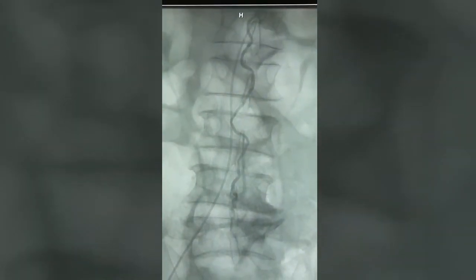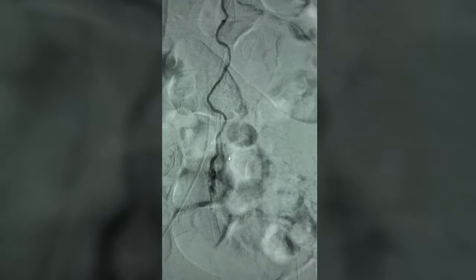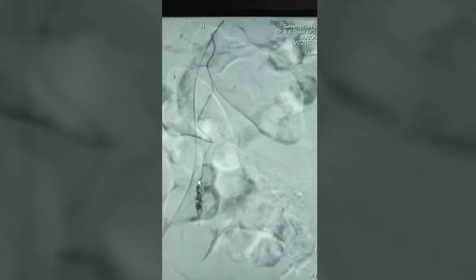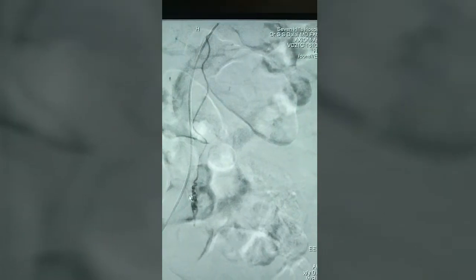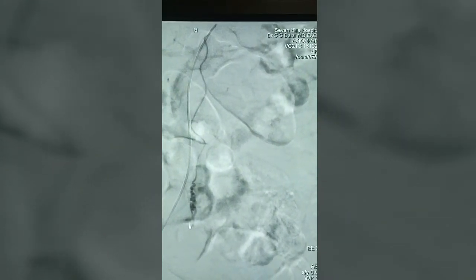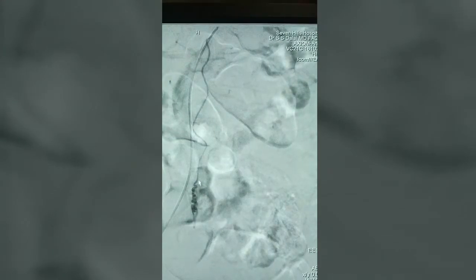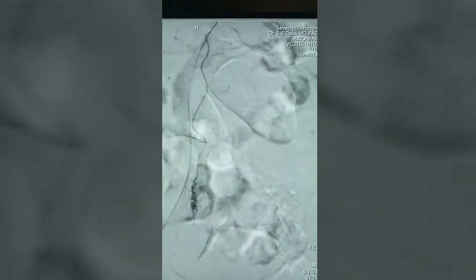So let's look at this anatomy. Now this is basically the anterior spinal artery. We can see that the anterior spinal artery over here is coming down all the way, and then the change of caliber, which is the site of the fistula, and then this progresses as a bunch of veins, and then that goes all the way into the filum terminale, and the vein will go up as we see the progression of the angiogram.